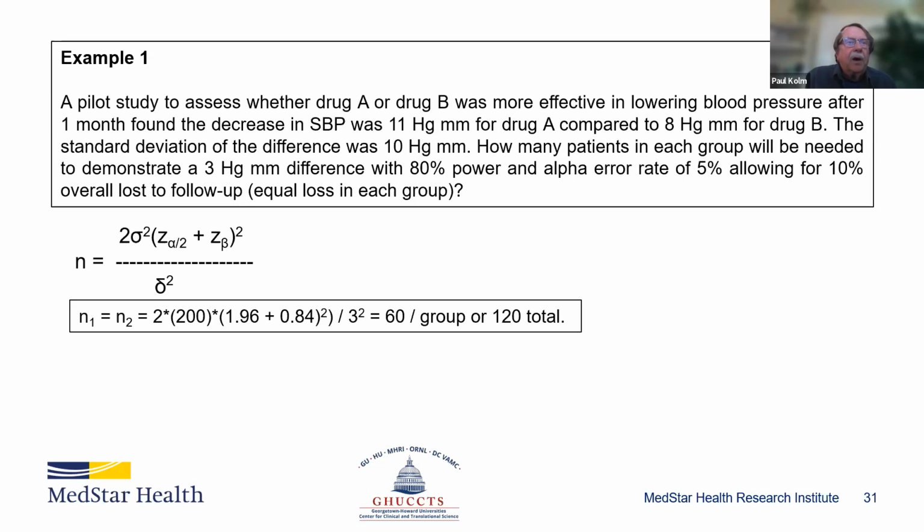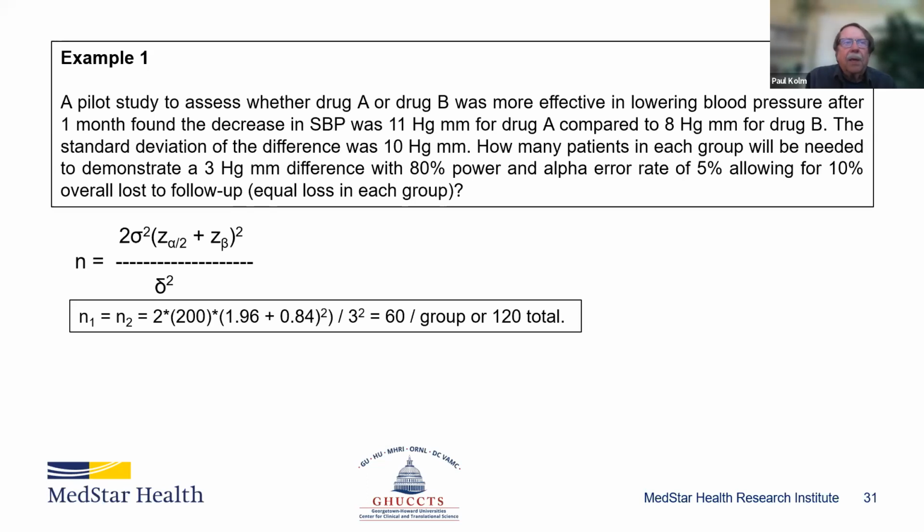And then we have our Z values for the normal distribution for the alpha error rate, which for 5% for a 2-sided error rate is 1.96. And then for the beta error rate, 0.84. So we carry that out, and then our difference is 3, and that's squared, and so that turns out to be 60 per group.